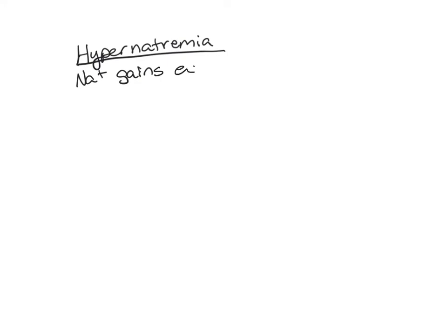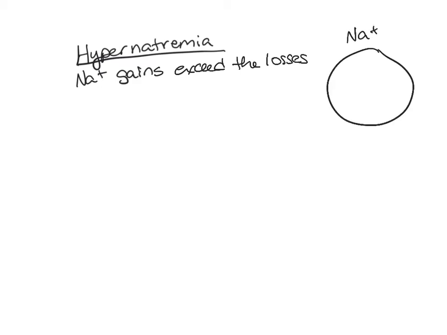So first of all, let's talk about hypernatremia. Hypernatremia basically means that the sodium gains exceed the losses. So if we looked at the cell, we would just say that we have an increase in sodium concentration in the extracellular fluid. That is hypernatremia.